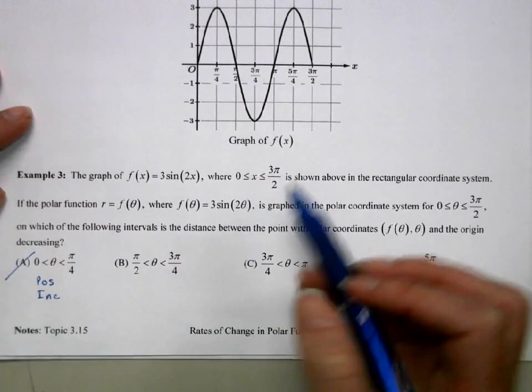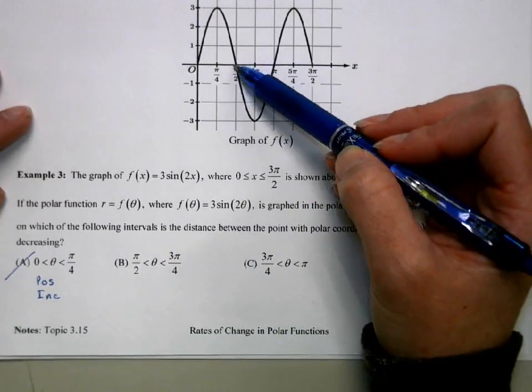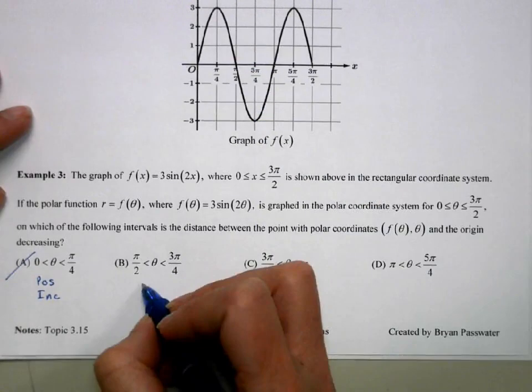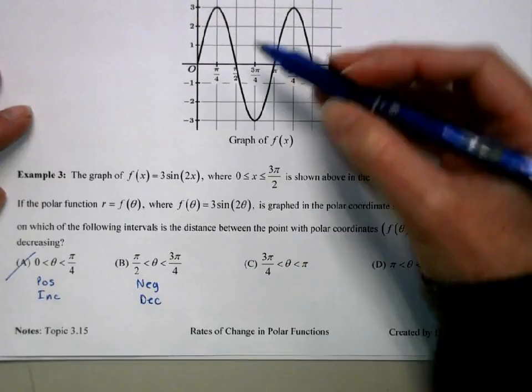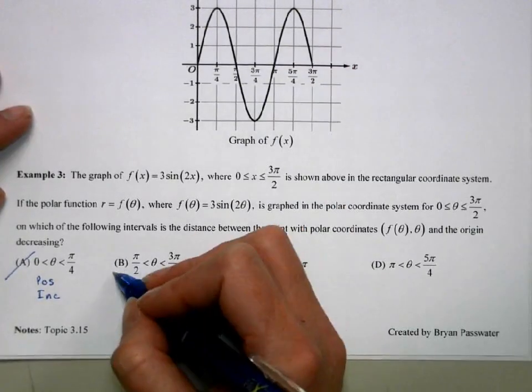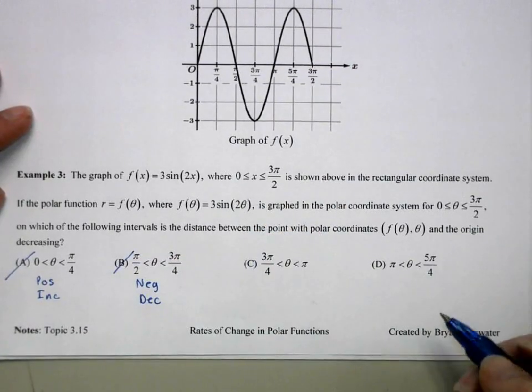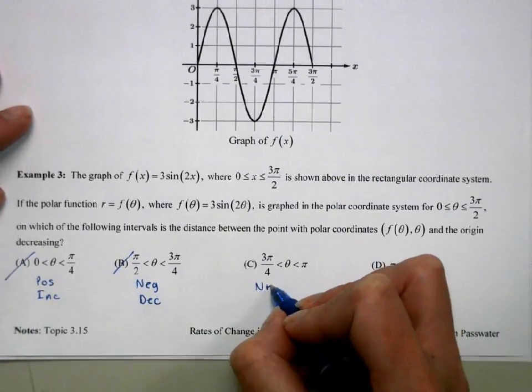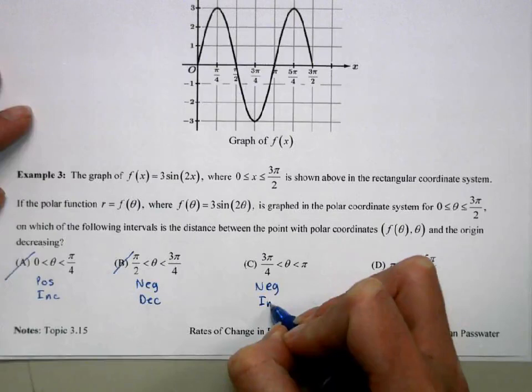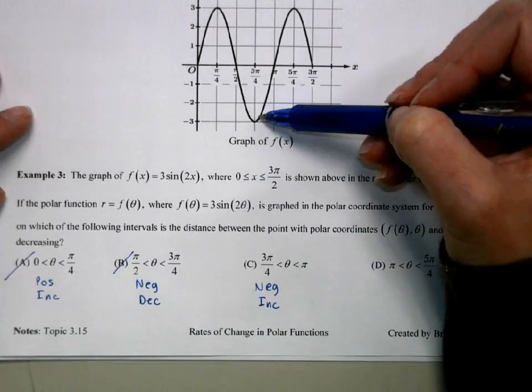From pi over 2 to 3 pi over 4, it is negative and decreasing, which means it's moving away from the origin, so that distance is increasing. 3 pi over 4 to pi is negative and increasing, which means the distance as we go here is decreasing.